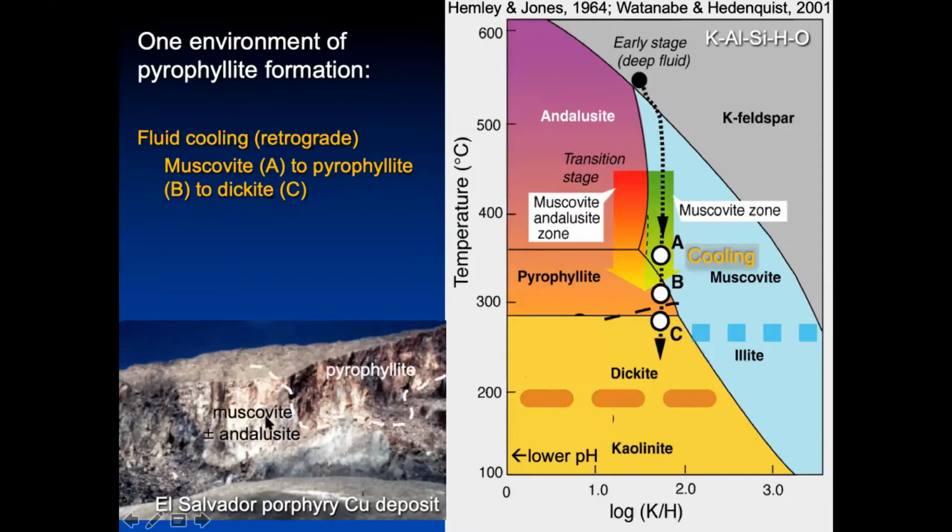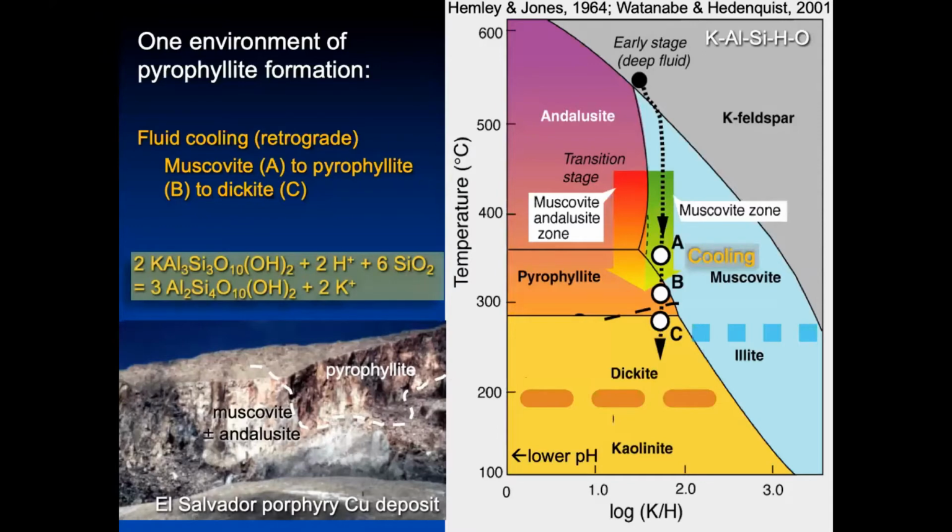Here we see the muscovite plus andalusite zone near the summit of Indio Muerto being replaced by perovskite. That's simply related to the late cooling. And the reaction, as I already showed, was muscovite with 2 hydrogen ions going to perovskite.